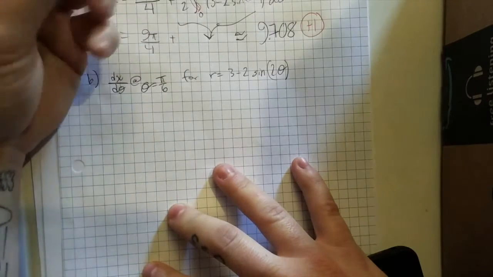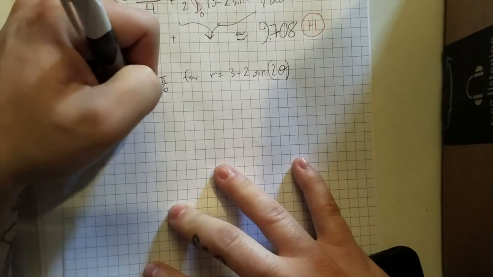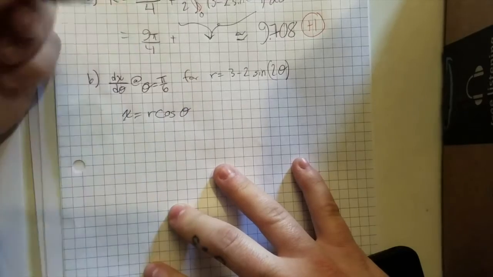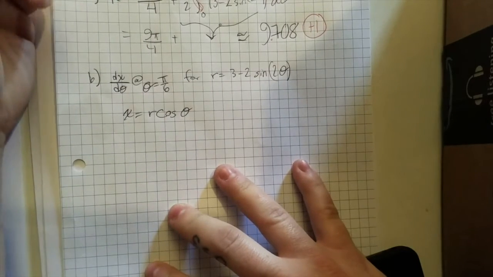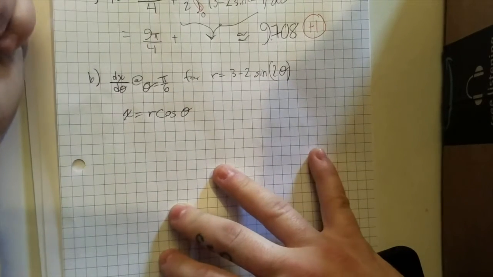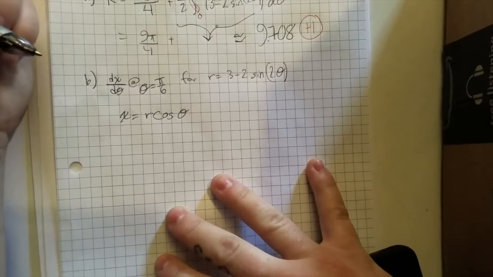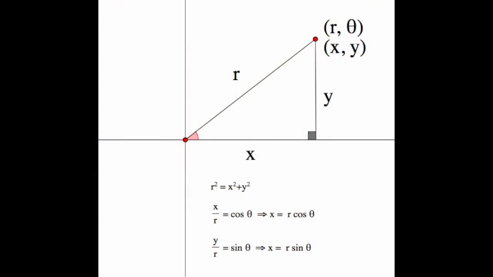Okay, so x equals r cosine theta. This comes from our understanding of trig and translating back and forth between polar and rectangular functions.